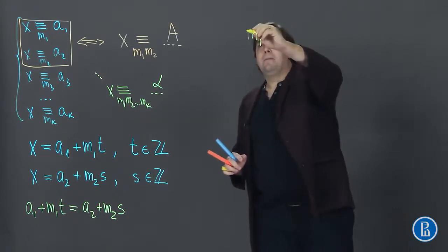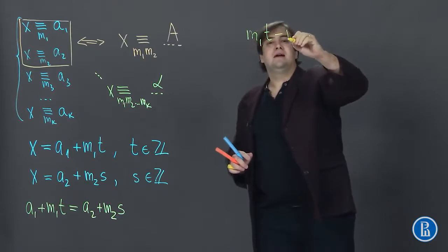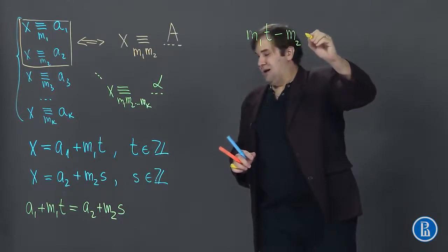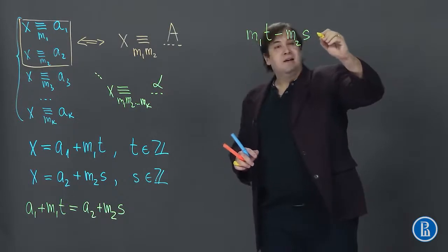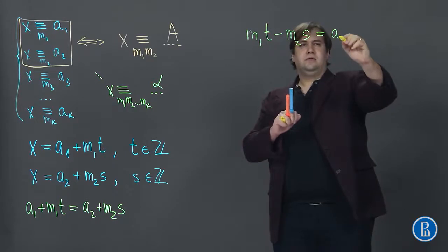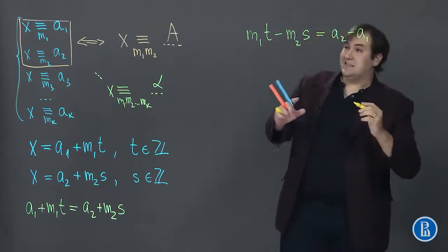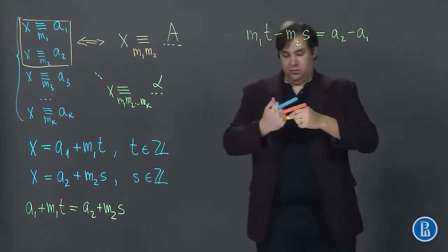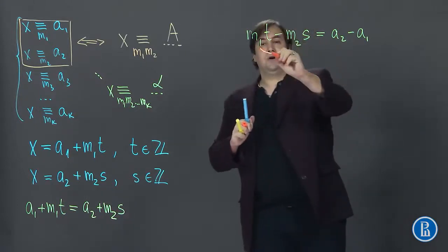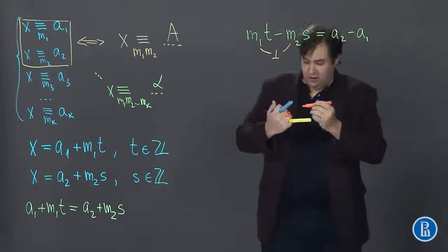m1 multiplied by t minus m2 multiplied by s is equal to a2 minus a1. Well, since m1 and m2 are mutually prime, this equation has a solution.